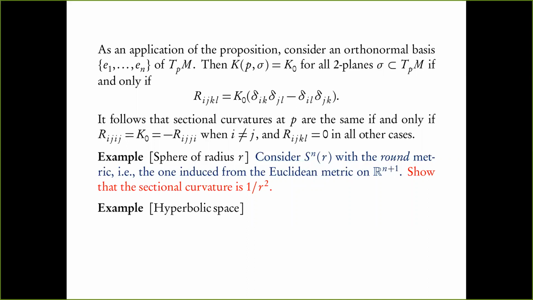Let's take another example, chosen so that we cover all the bases. We saw that for constant sectional curvature 0, the prototype was R^n. For positive constant sectional curvature, it is a sphere. And next is the negative version, where we take the hyperbolic space.